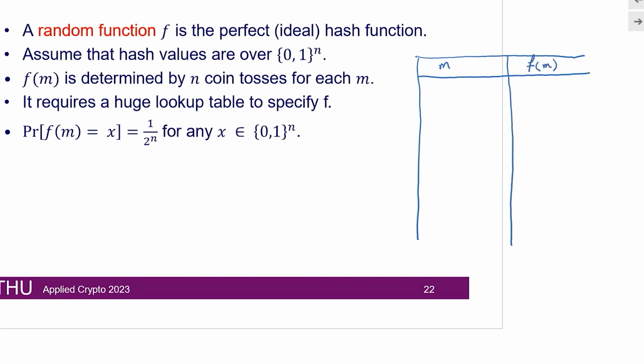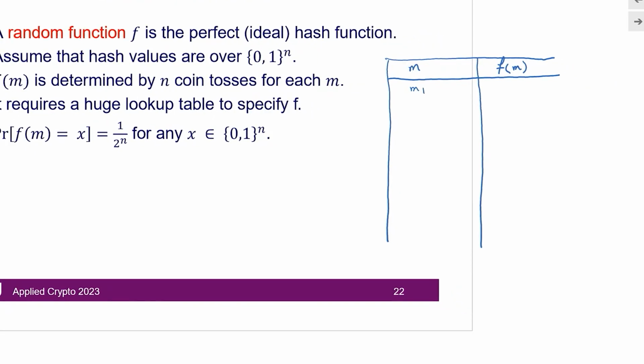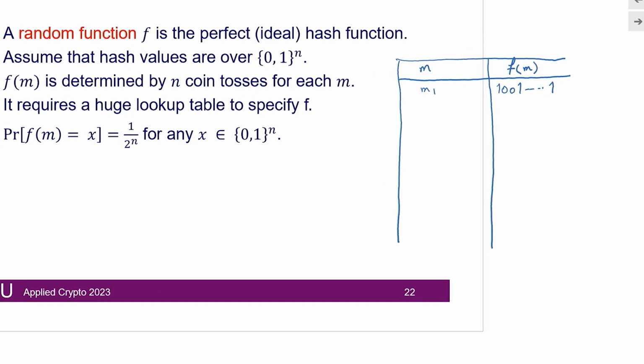So when you ask to compute the hash of M1, the function goes and, since the output is n bits, tosses a coin n times. Coin tosses are one of the best ways to show randomness. Every time, if it is a head, we write 1; if it is tail, we write 0, and so on. We continue until we generate n bits, and that would be the hash value for that message.